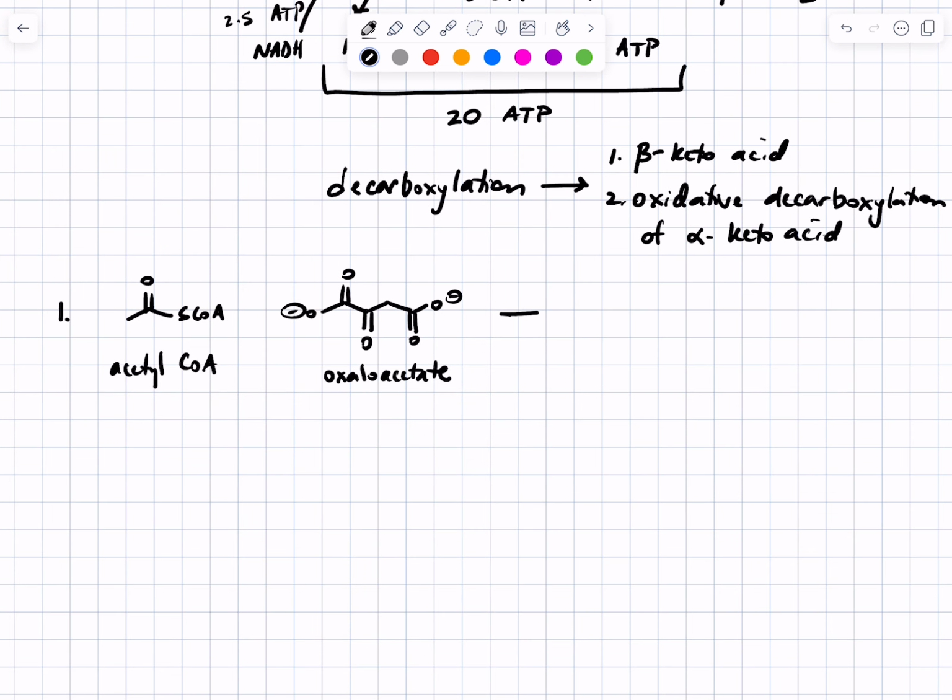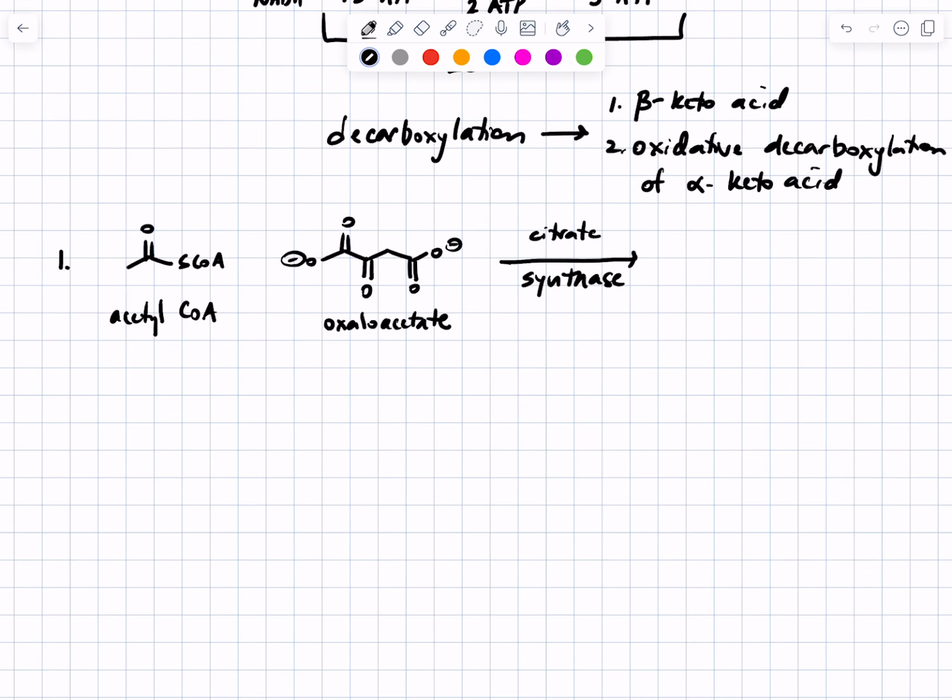The reaction is catalyzed by something called citrate synthase. This is the enzyme that synthesizes citrate. And what does citrate look like? Here are the 4 carbons that were present in oxaloacetate.